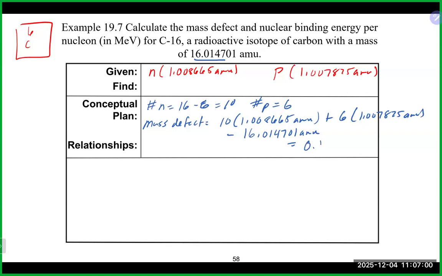It's going to hit us 0.1189 AMU as our mass defect.